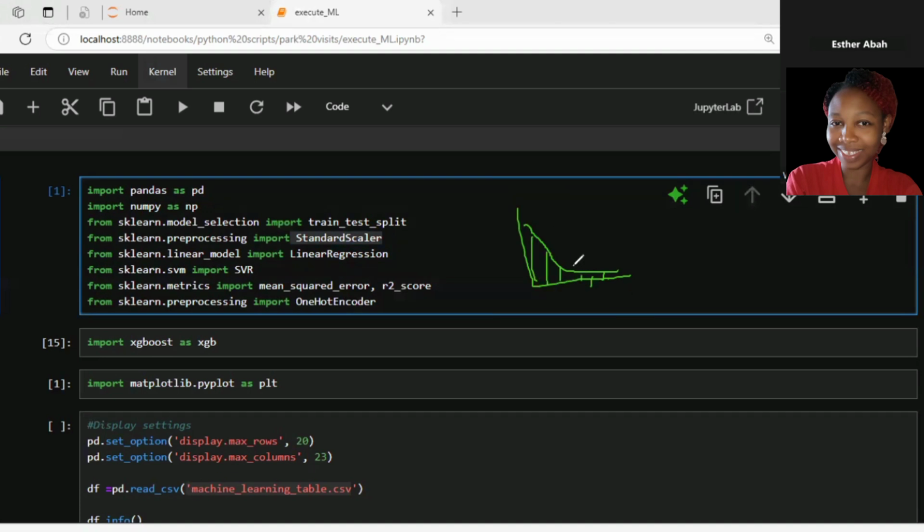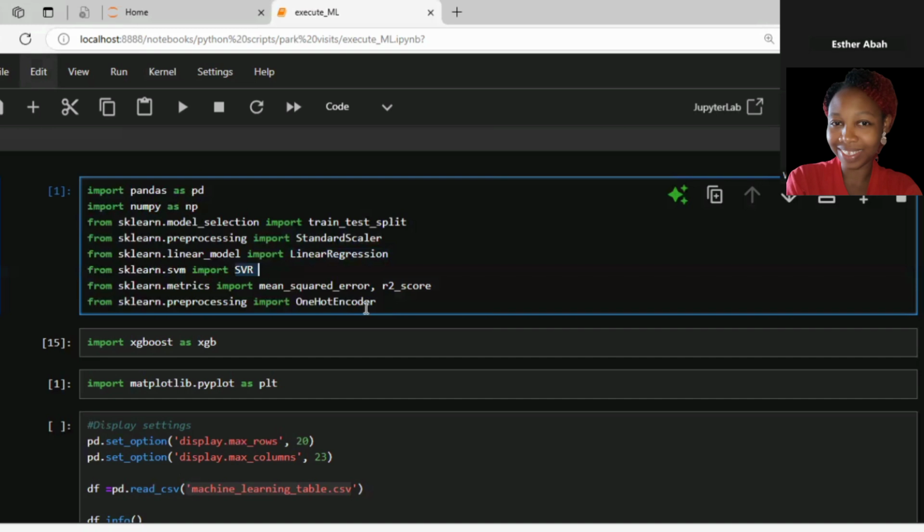It is supposed to look like this when you plot it, but now it's bent to one corner. So that is what standard scaler does. It will work on the data so that the data will now follow the normal distribution. Linear regression. That is the model we are using.